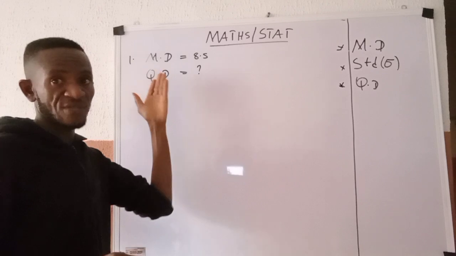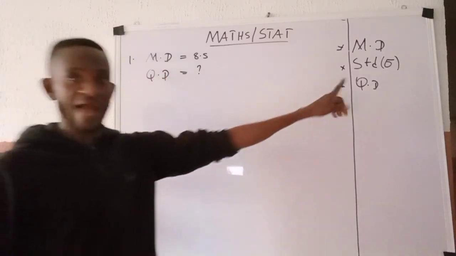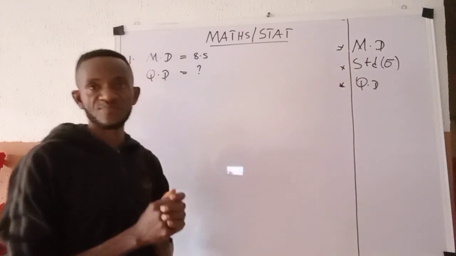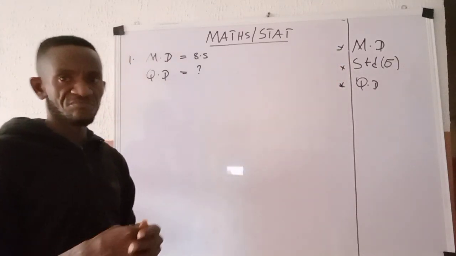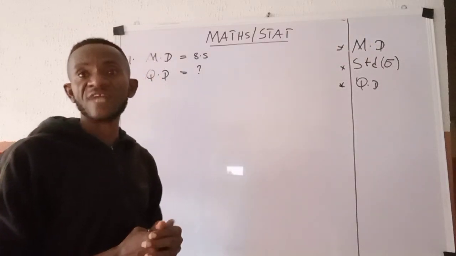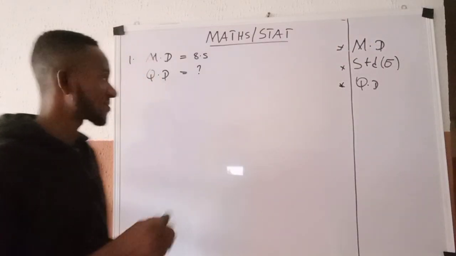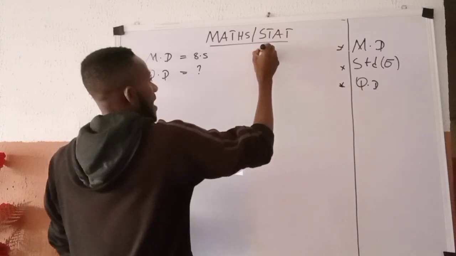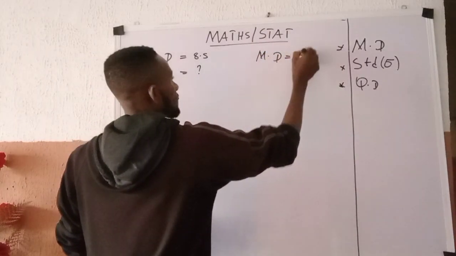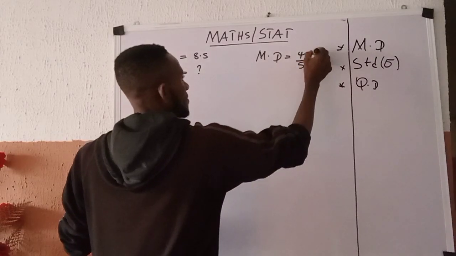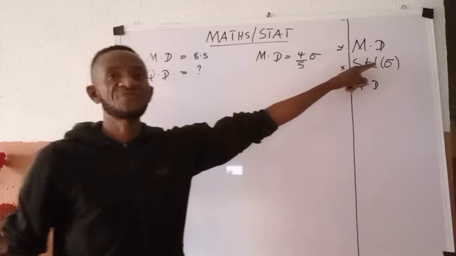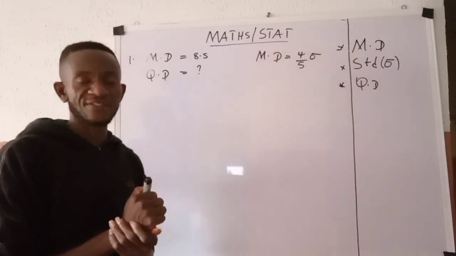So in an occasion like this, one needs an idea of this. So let us return to this. It has been proven that the mean deviation of a set of data can be written as this. The mean deviation M.D. is given as 4 over 5 sigma, where this sigma stands for standard deviation, as we earlier had said.